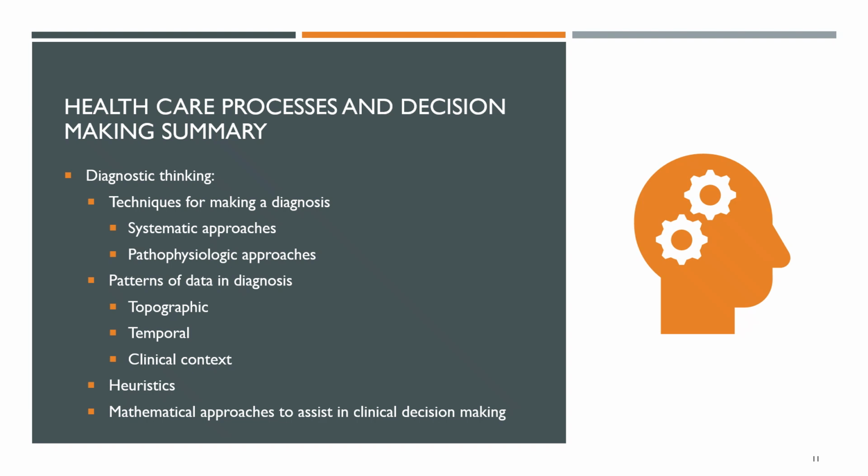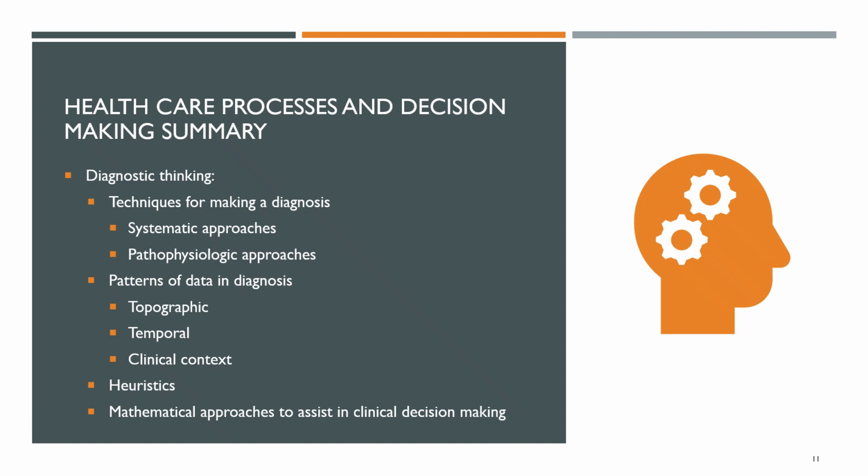We looked at patterns of data in diagnosis, topographic patterns to localize a problem in the nervous system or the body. We looked at temporal patterns to track how symptoms develop or resolve over time. And we looked at clinical context, which considers comorbidities, associated symptoms, and patient history.